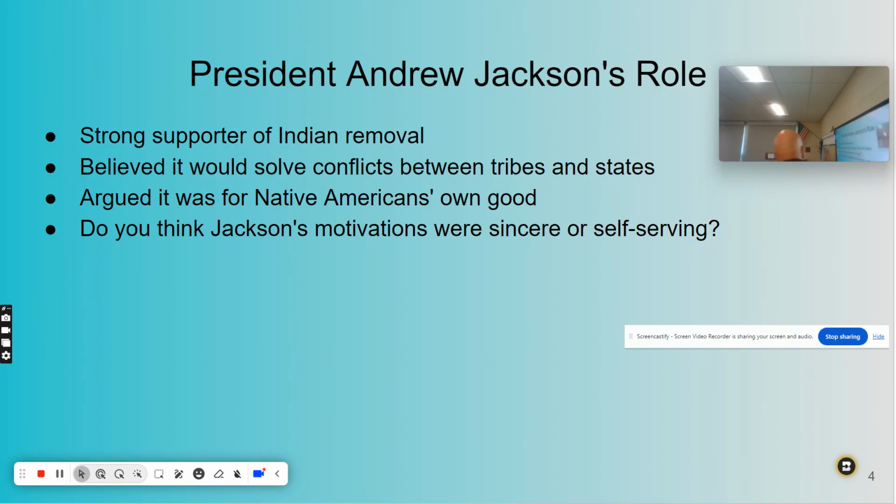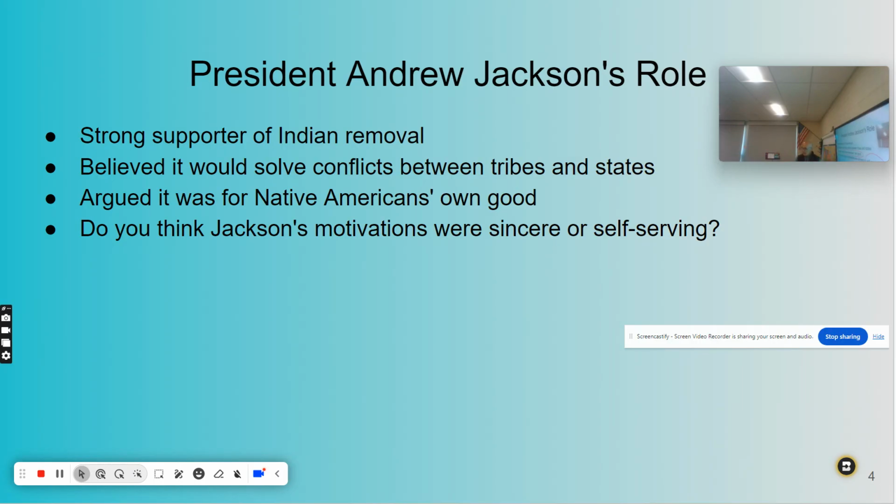I think Jackson truly believed that he was acting in the best interest of Native Americans, but I think the more important part of this is that Jackson had to get Native Americans off their lands if Americans were going to continue their march west and south across the continent. There was no question, and by the way, this area is going to include lots of fertile farmland, lots of fertile soil for farmers.